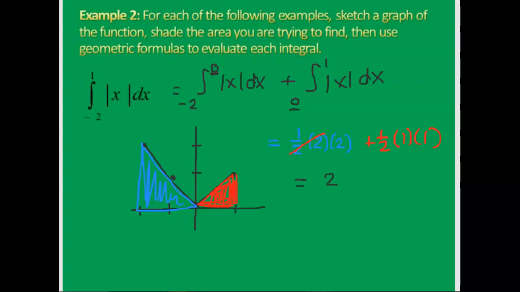So we get 2 plus a half, or 2.5. So the area under the curve, or the value of the integral, is equal to 2.5.